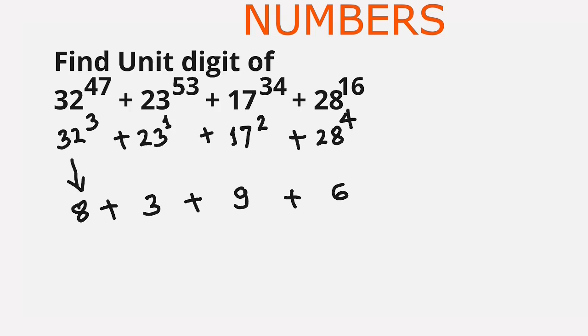So on adding, 8 plus 3 is 11, plus 9 is 20, plus 6 is 26, and this gives ones place 6. 26 has the ones place 6, or unit digit 6. Thus the unit digit of the given question is 6.